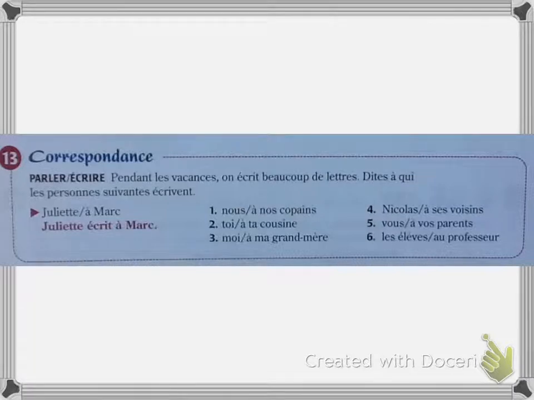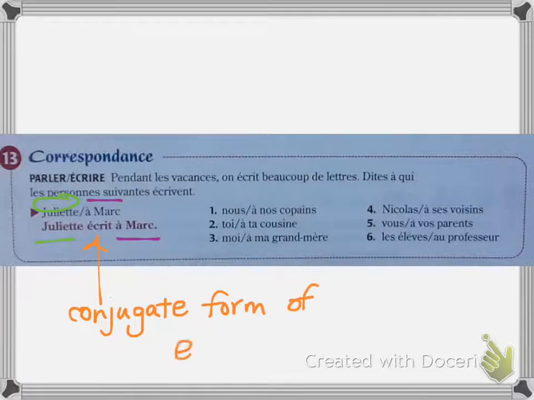So again, you're going to use whatever they give you as the prompt at the start and what they give you at the end after your verb. And here you're going to have your conjugated form of écrire that we just learned.